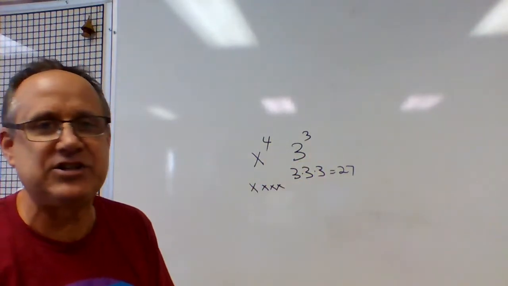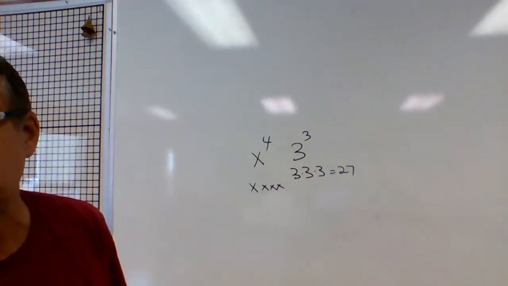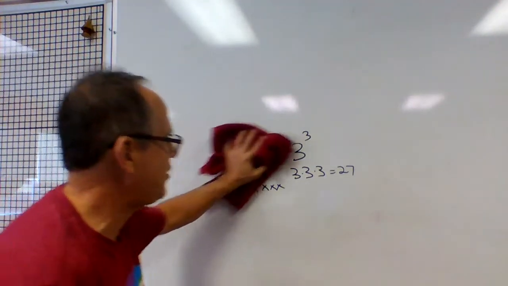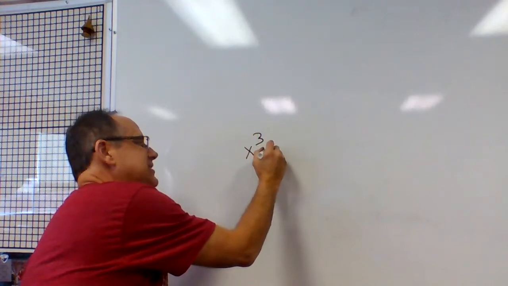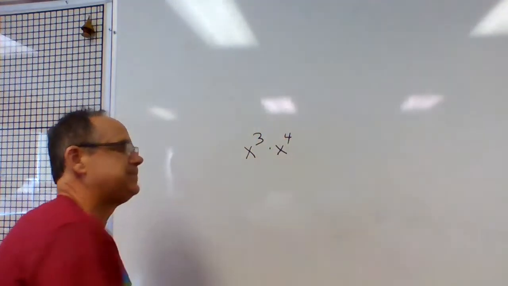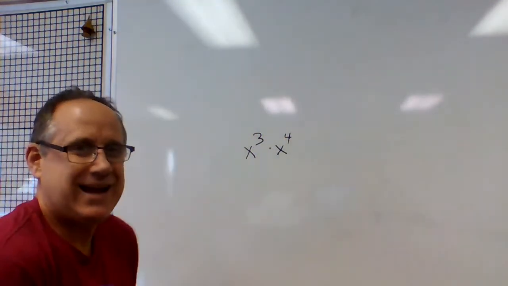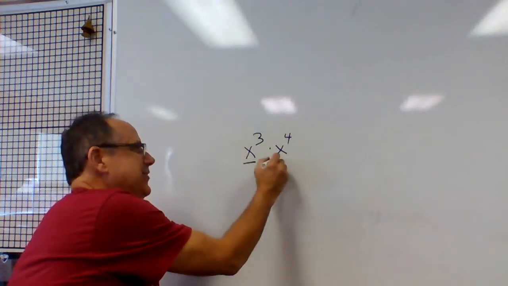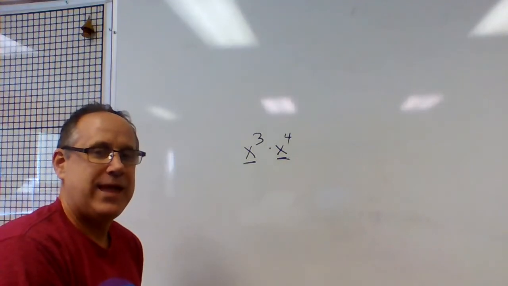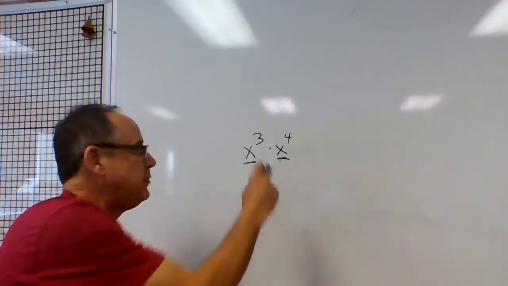Let's turn the page to page 392. Now, when we are multiplying exponents, okay, when we have the same base. So for instance, if I have x to the 3rd times x to the 4th, as long as I have the same base, x, I can multiply those.